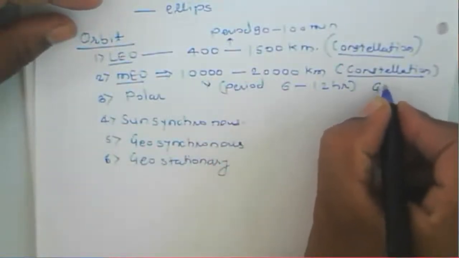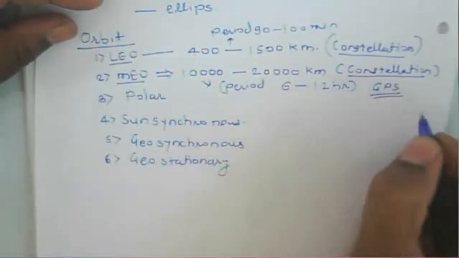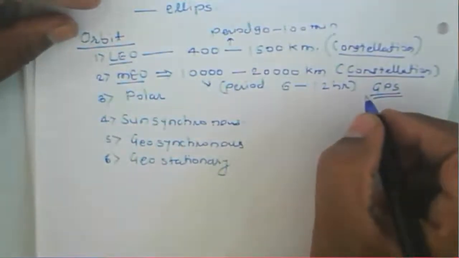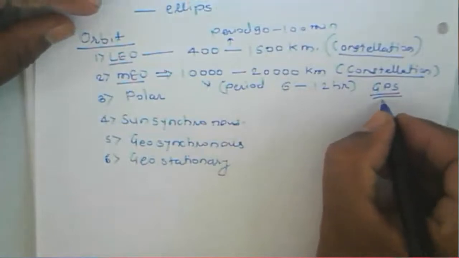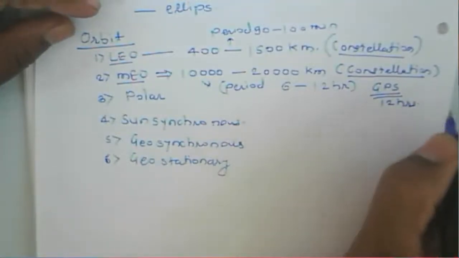The USA has designed their GPS system, and they are using satellites in a MEO orbit, and their period is about 12 hours.